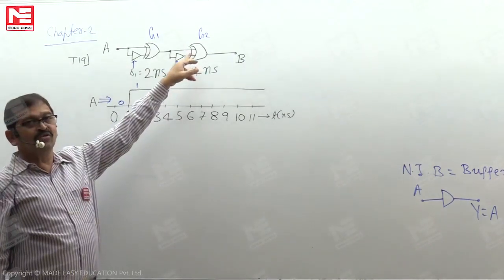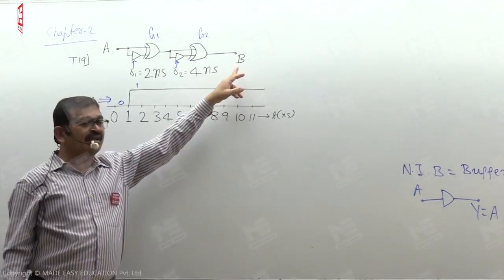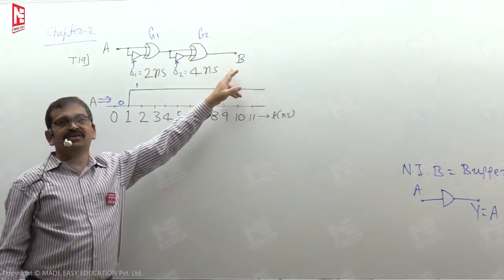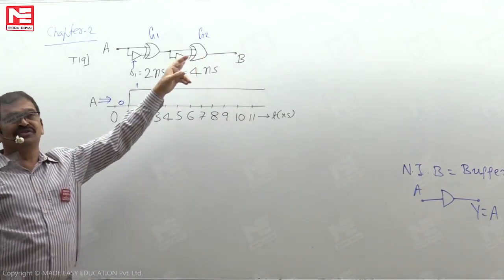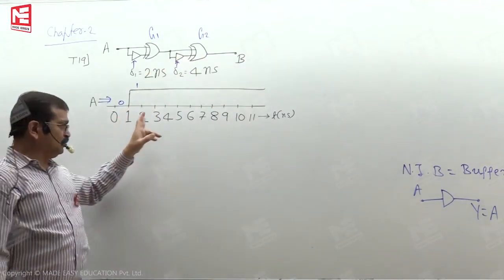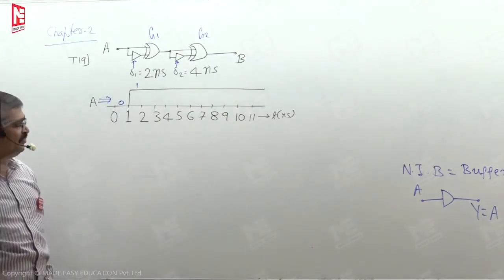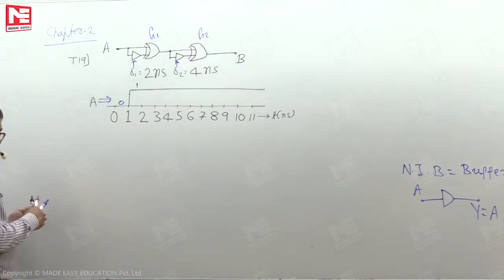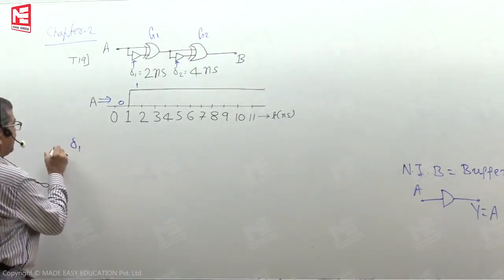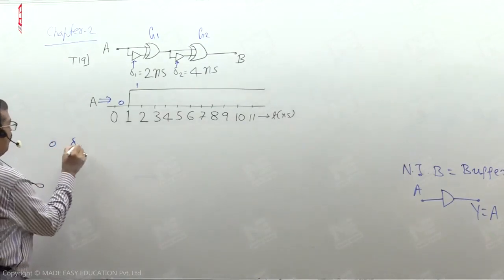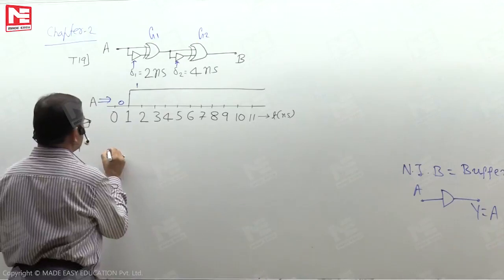After knowing delta 2 output, finally we draw the waveform for B, and then we answer the question: how many transitions does output B have during the time interval 0 to 10 nanoseconds for this applied input signal. So let us start first with the delta 1 output waveform.